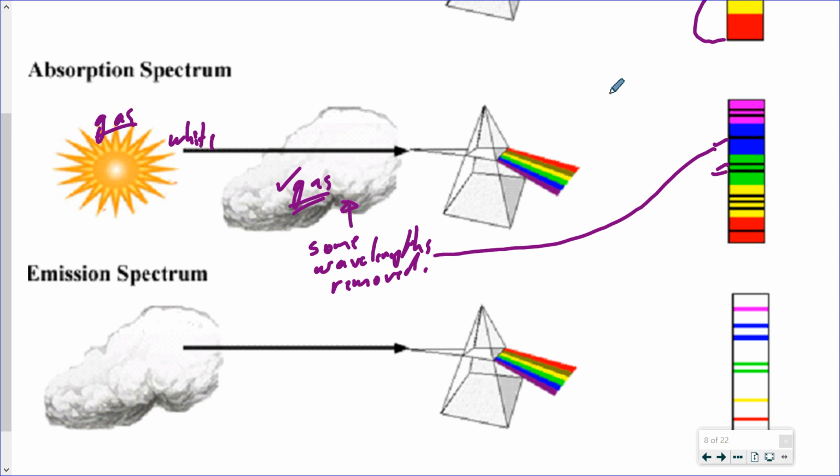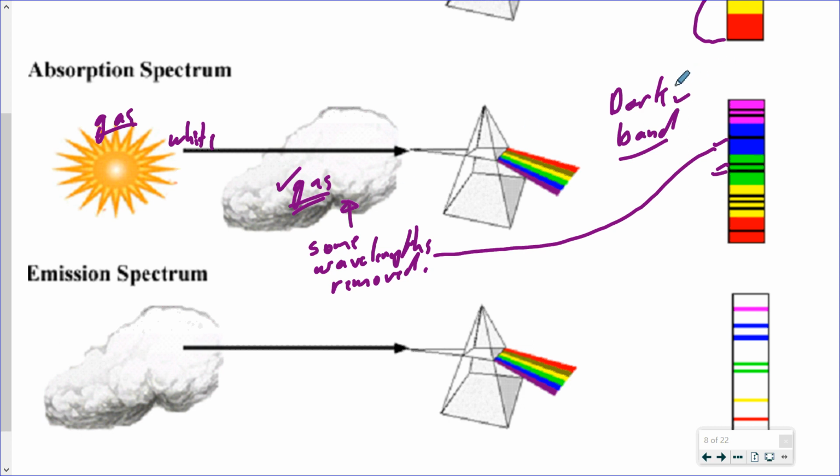It's also called a dark band spectrum because what we see are these dark bands. So that is the absorption of portions of the white light. So we don't see them as part of the continuous spectrum, and that generates our absorption or our dark band spectrum.